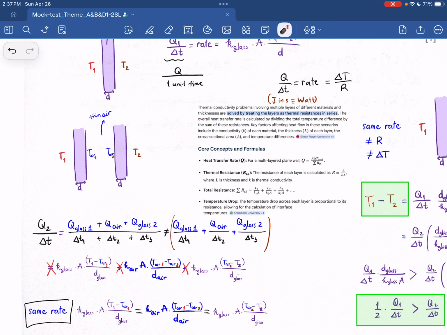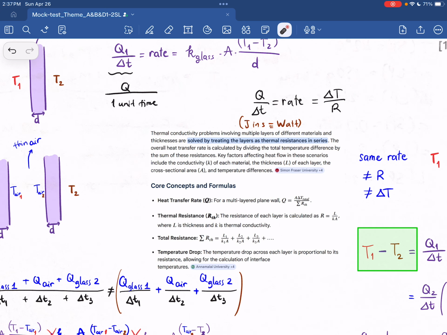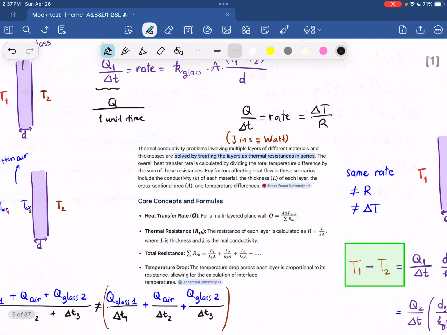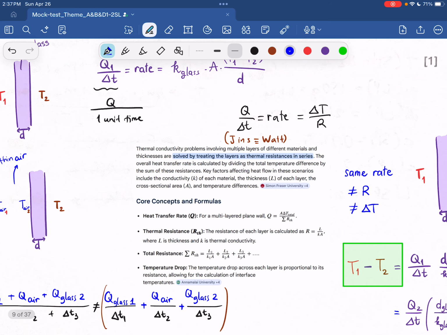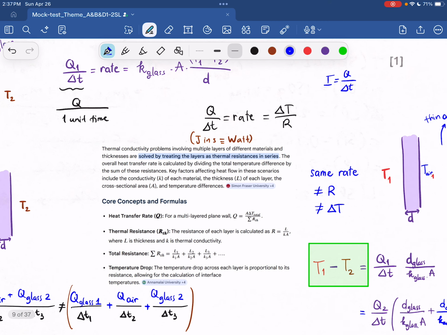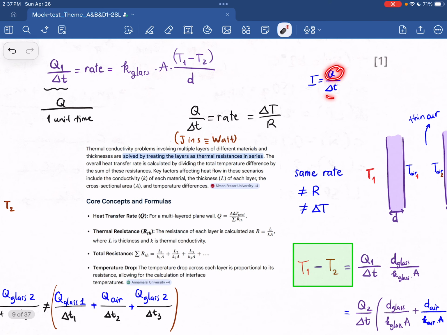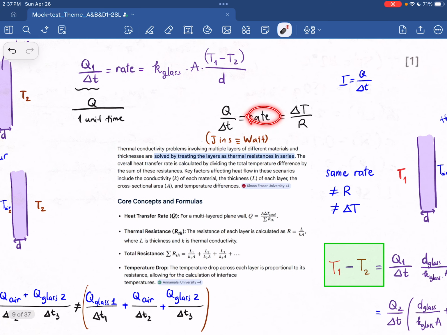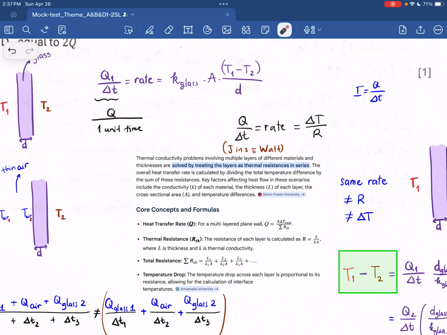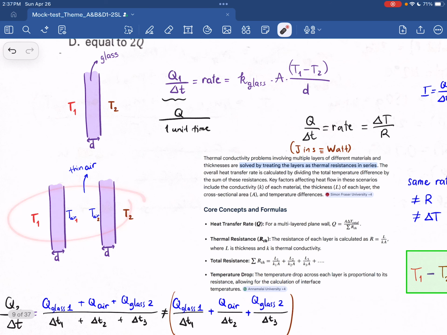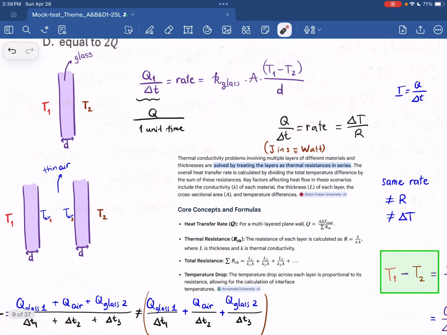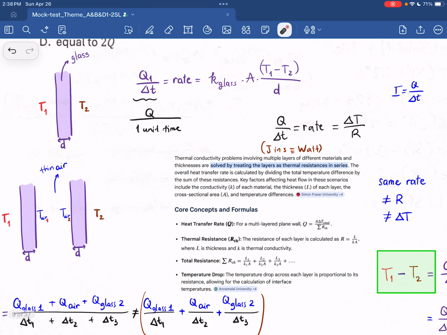It's interesting that in electricity, you also have intensity, or current, equal to Q over delta T, but that Q is the charge over the time. I just want to point out because it's similar. So that would be the same rate, the same current traveling through each layer. But in this case, this is not electrical current, it's thermal energy current.